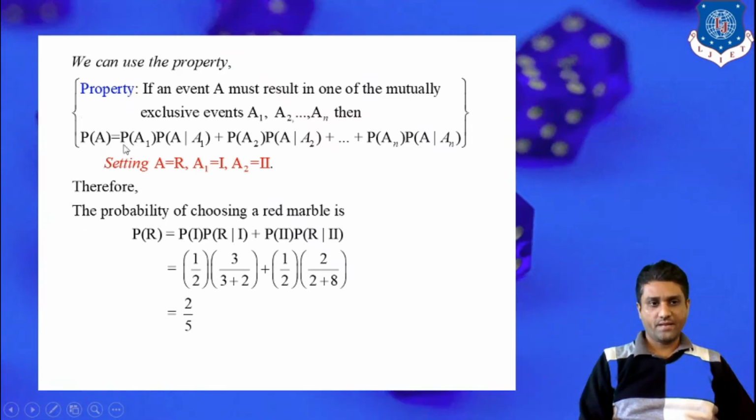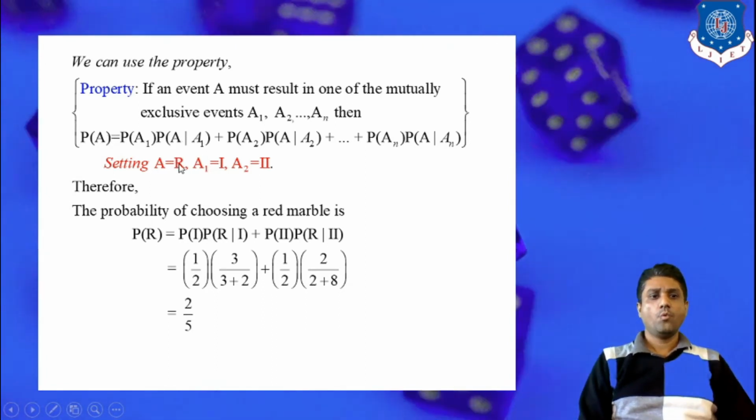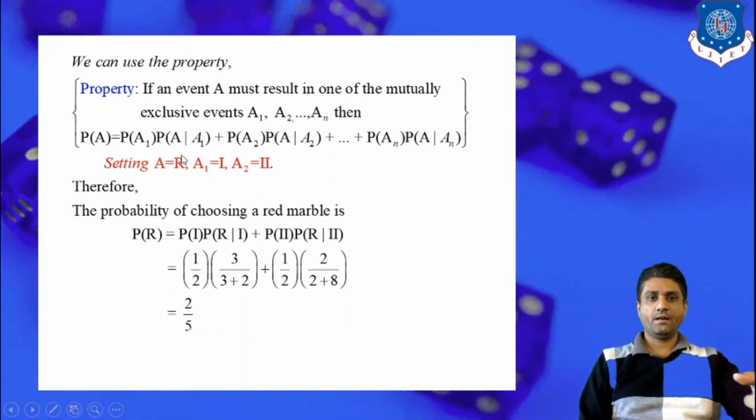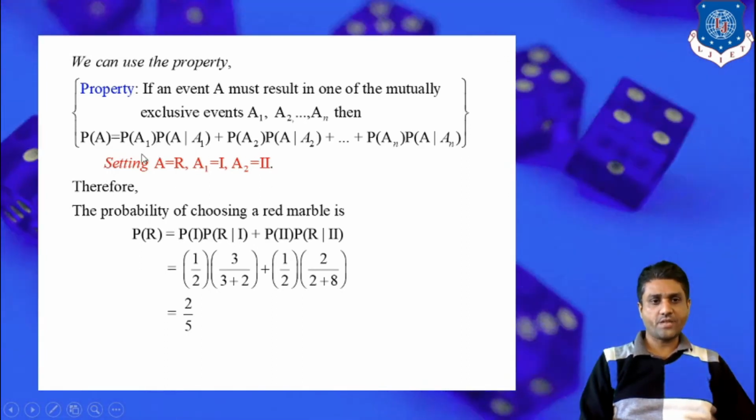Probability of A, that is, we are interested to find out the probability of getting a red marble. So capital A is capital R. By fixing this terminology, we just have to plug in this notation.